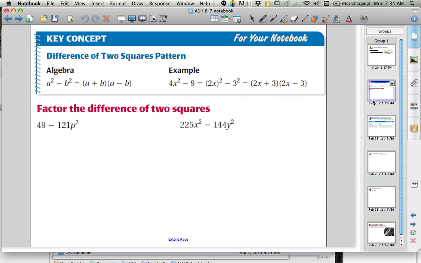The first thing we want to do is look at the difference of two squares. We already learned that if I have conjugates, a plus b and a minus b, they're called conjugates because the only difference between the two binomials is the signs.